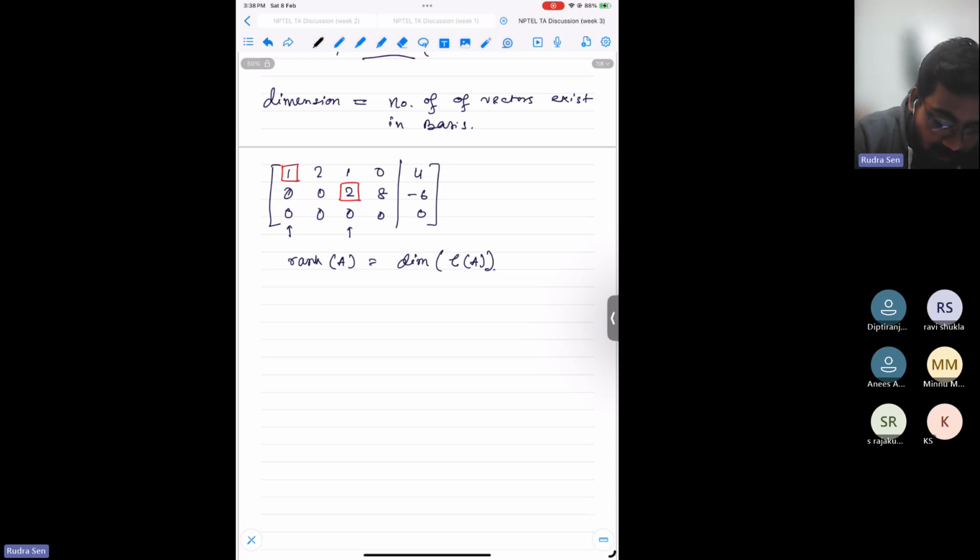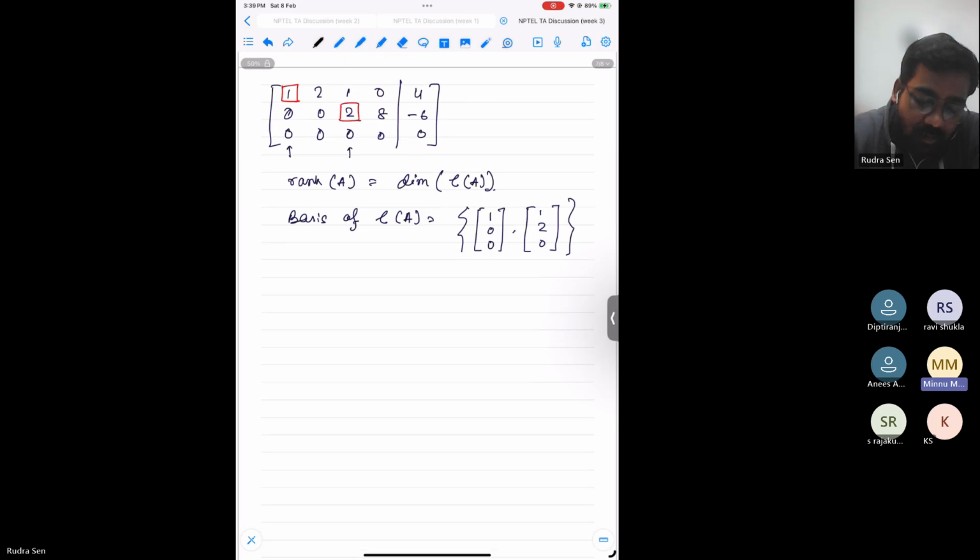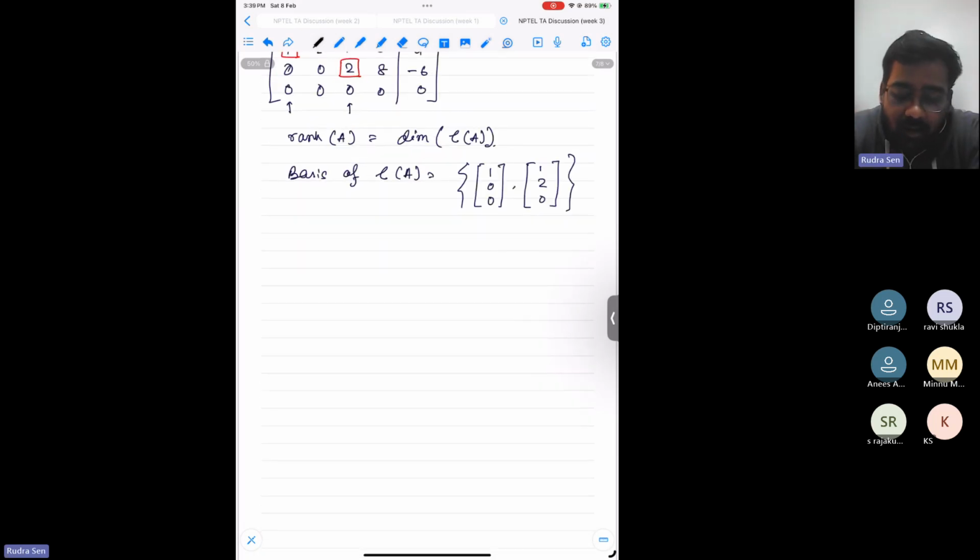So the basis of the column space of A is (1, 0, 0) and (1, 2, 0). As you can see, there are three elements in each vector, but the last element is 0.